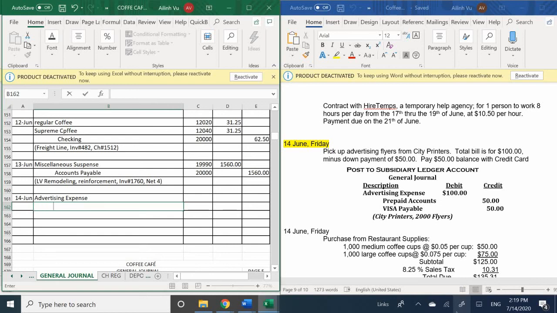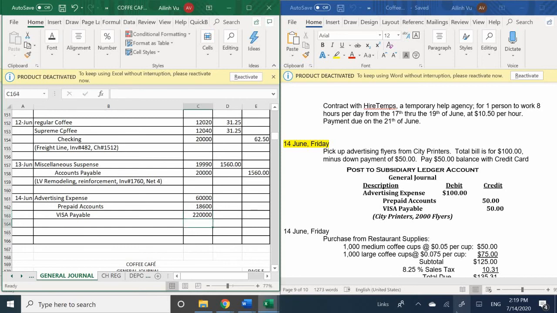We need prepaid accounts, and we're gonna pay the remaining amount off with our Visa credit card. So Visa payable. Okay. And what are my accounts for advertising expense? I think it's 60,000. And my prepaid accounts should be 18,600. And lastly, my Visa payable is 22,000.